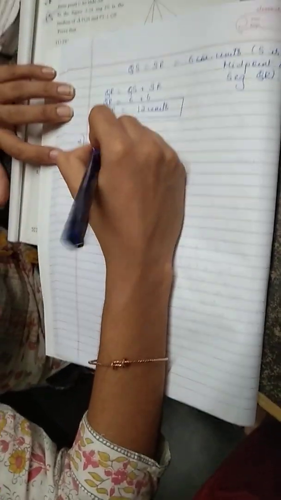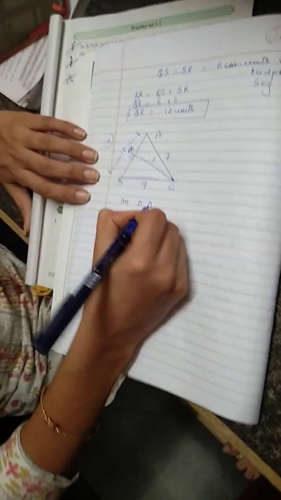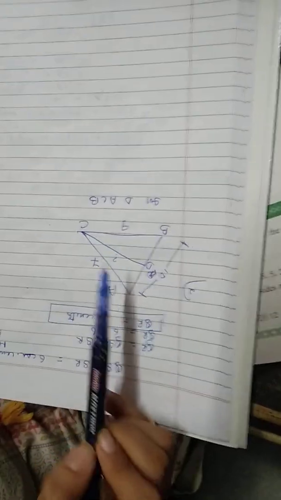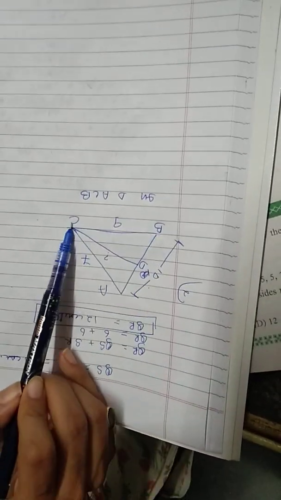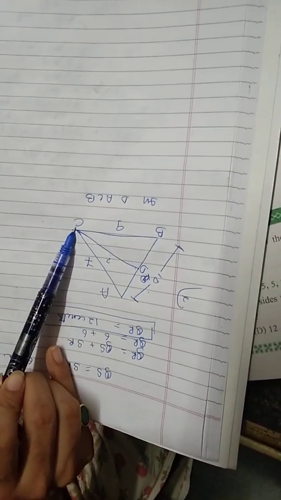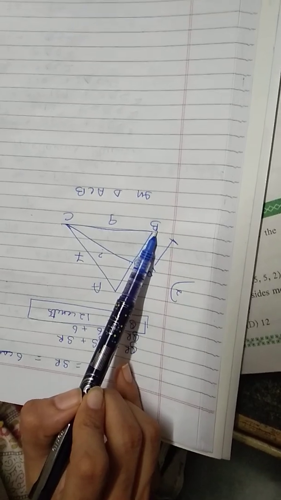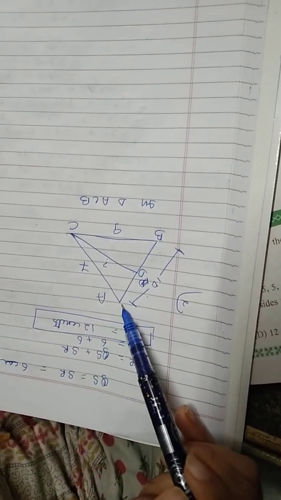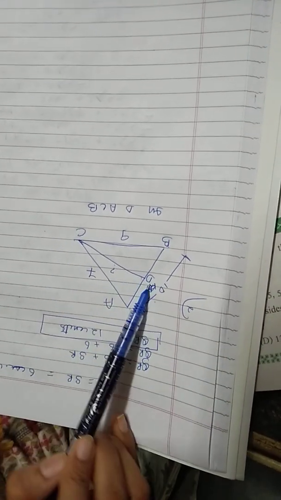Now in triangle ACB, CD is the median. So Apollonius theorem will be AC square plus BC square is equal to twice AD square plus twice CD square.